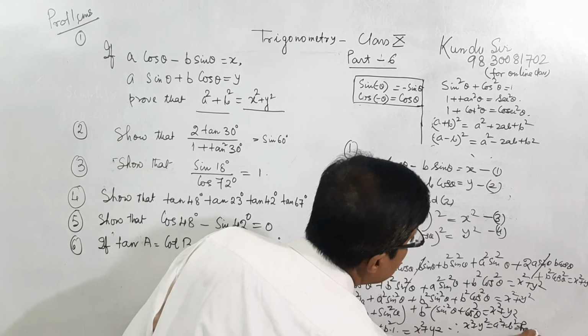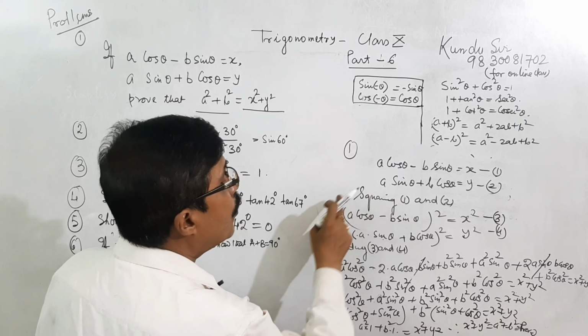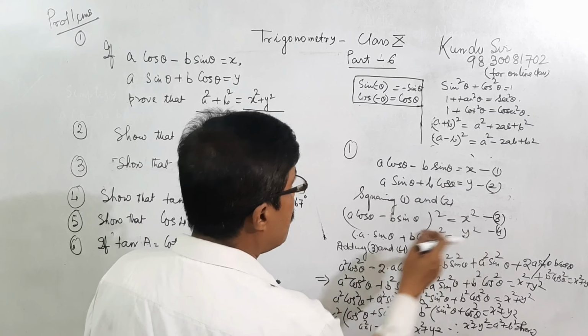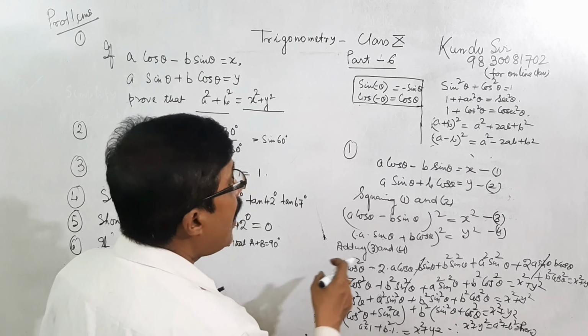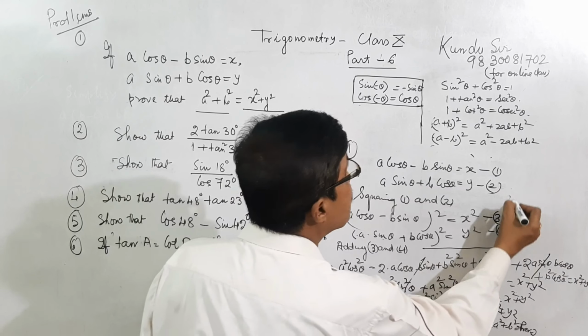Now, explaining again 1 and 2, we are adding this plus this equal to x square plus y square. I have one term I have not yet written here, so I am writing it again here.